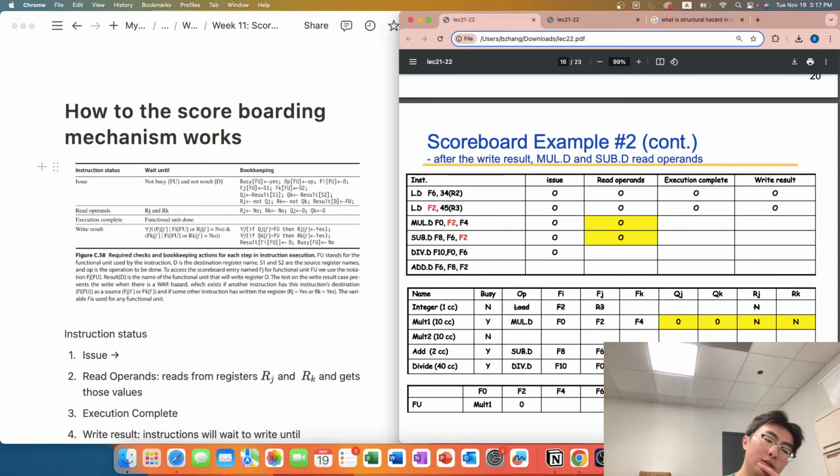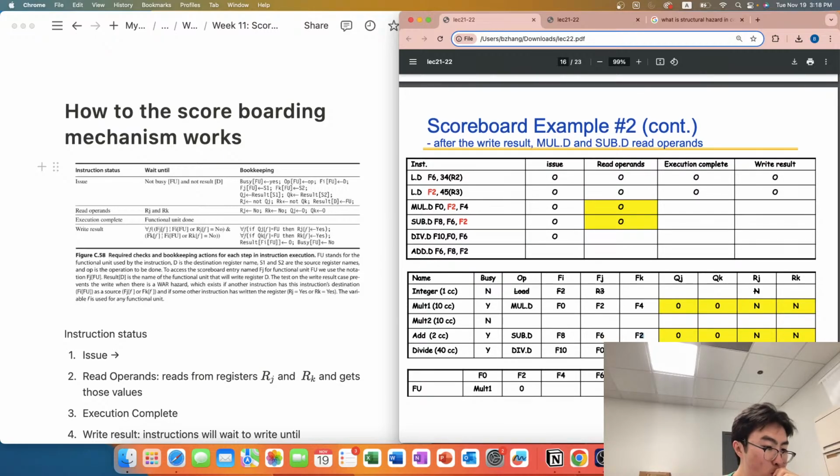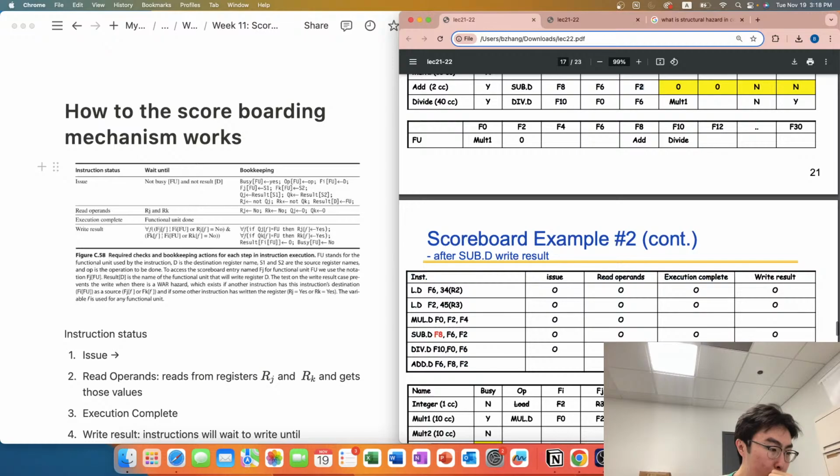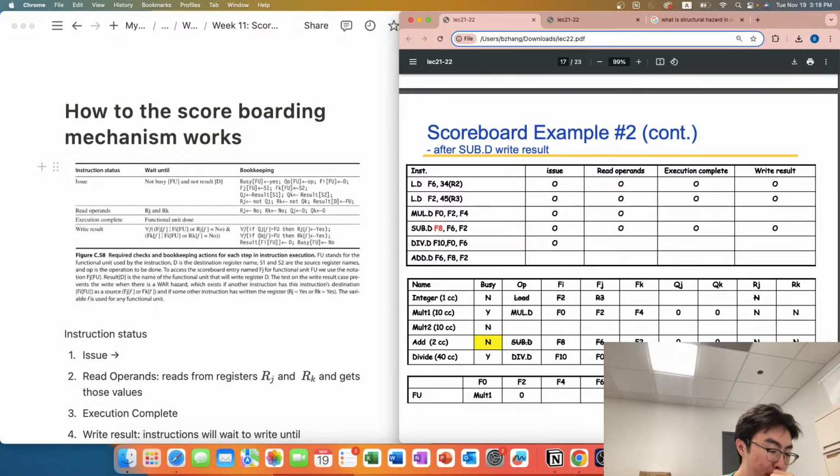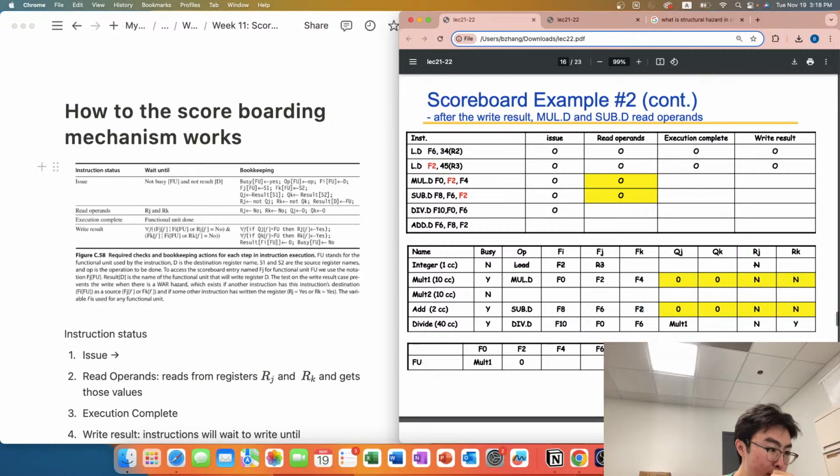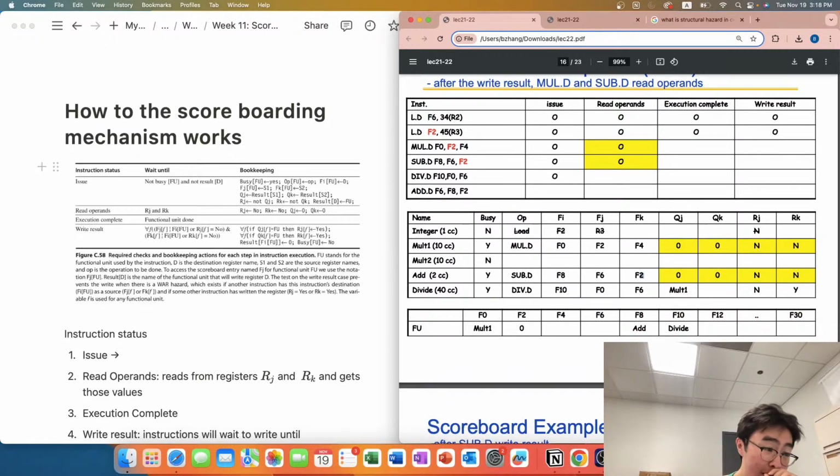Okay, read after read is fine. Two clock cycles.